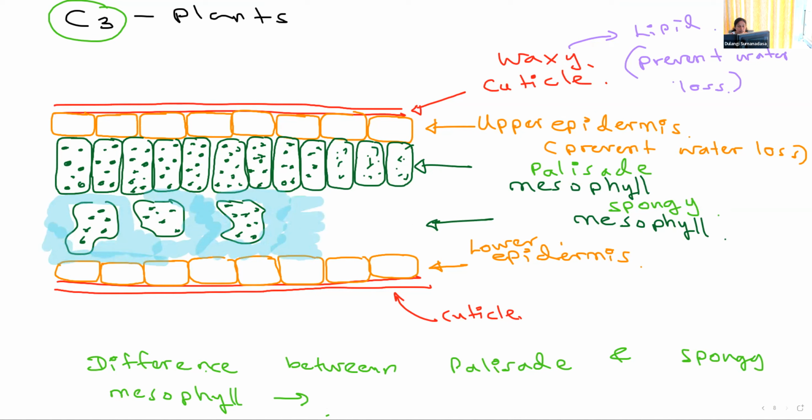So that's what you have, right? There are lots and lots of spaces in between the spongy cells, but not in the palisade, right? But you have to use the correct term. What is this space? Remember we did inter and intra in homeostasis?